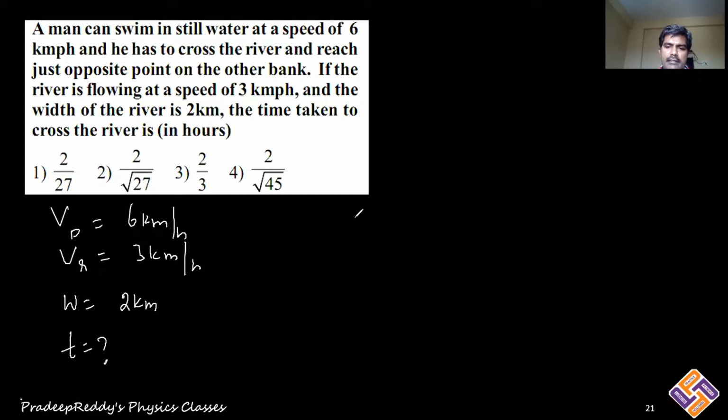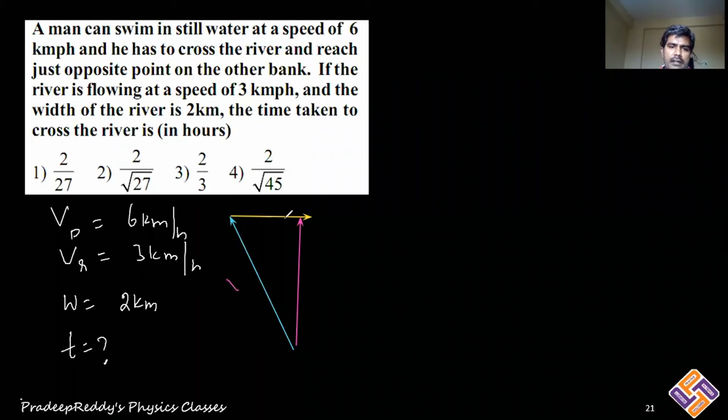Therefore, I'll show you the resultant vectors, the vector diagram. In order to reach the opposite bank, the person should travel in this direction, making some angle with the horizontal. The river velocity I'll be considering this, and the resultant velocity will be in this direction.